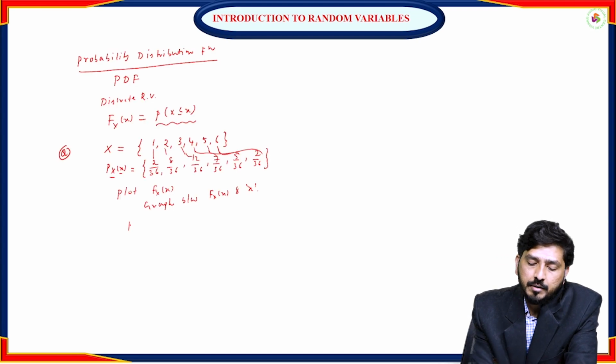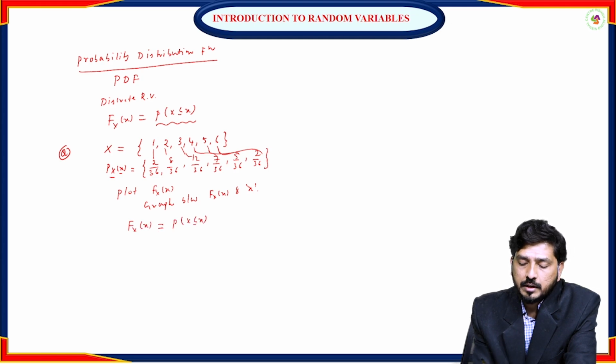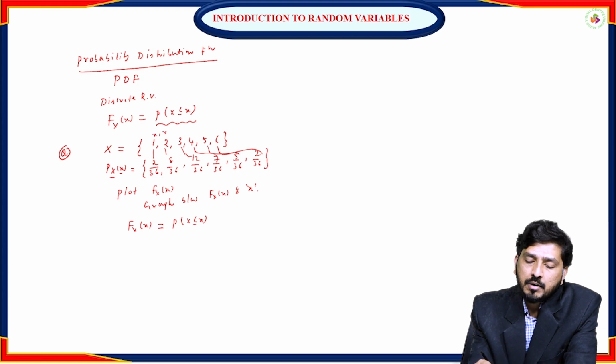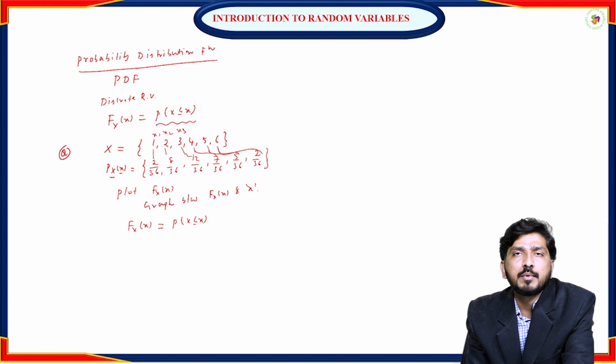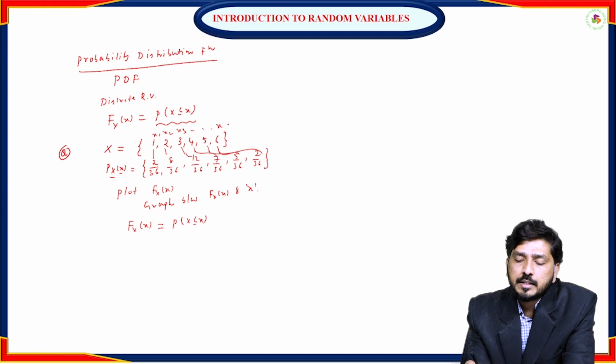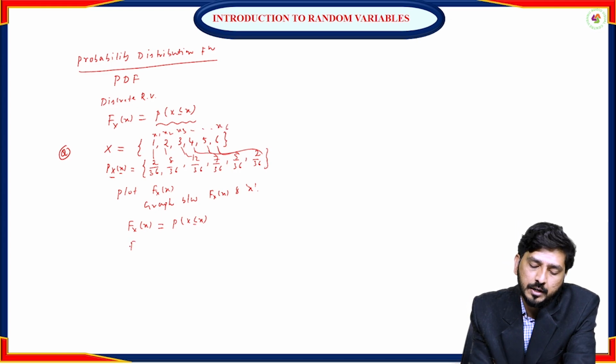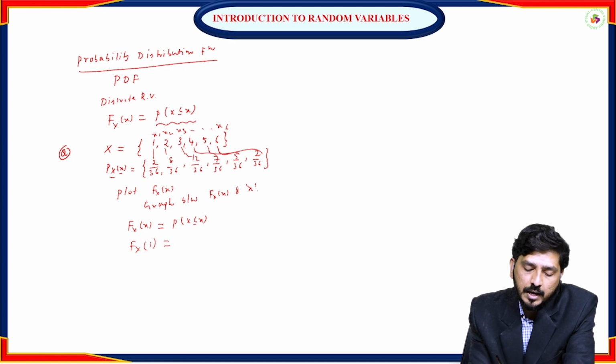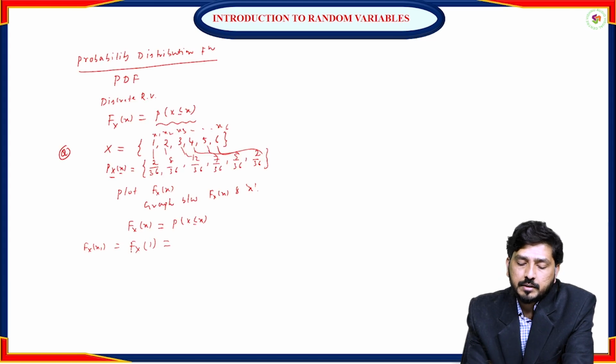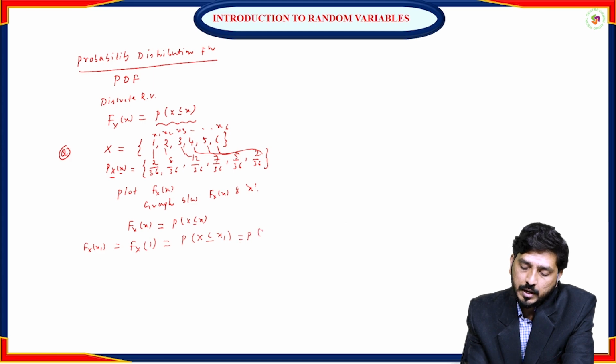First we will find, as per the formula, F_X of x equals probability X less than or equal to x. These 1, 2 and so on are called elements of the random variable, denoted x1, x2, x3 up to x6. First we find the distribution at the first element, F_X of 1, which you can also write as F_X of x1. That is probability X less than or equal to x1, where x1 is equal to 1.